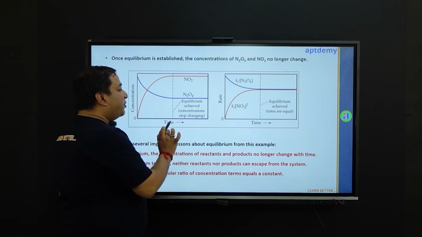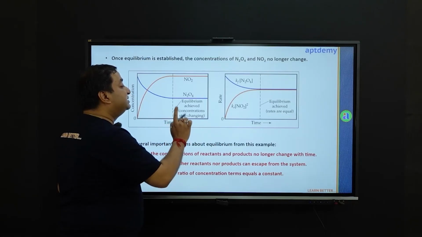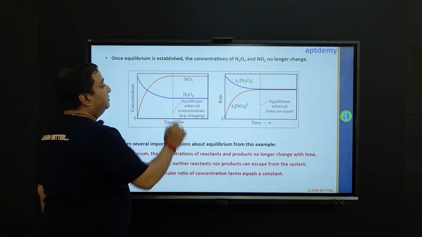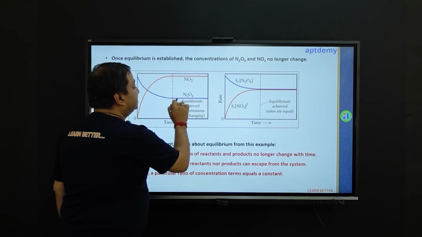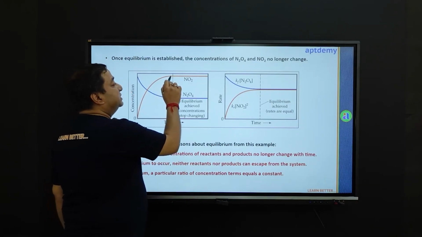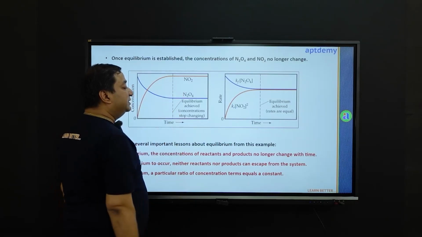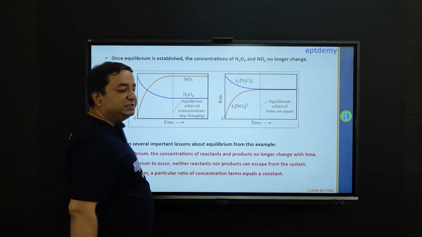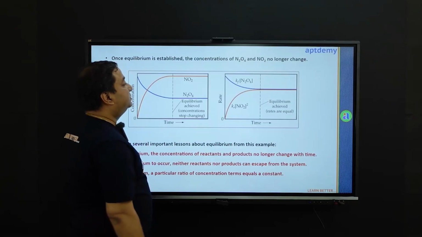But after a certain point, when the color is not changing and the brown color remains the same with time, the concentration of N2O4 is no longer changing and the concentration of NO2 is no longer changing. So at this point we say equilibrium has been achieved; the concentrations of both these molecules stop changing after this point.